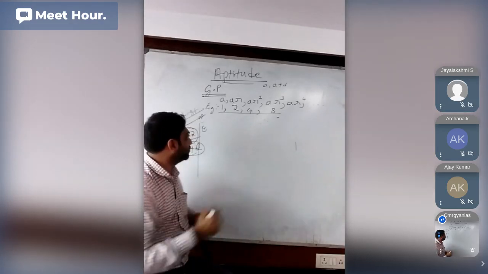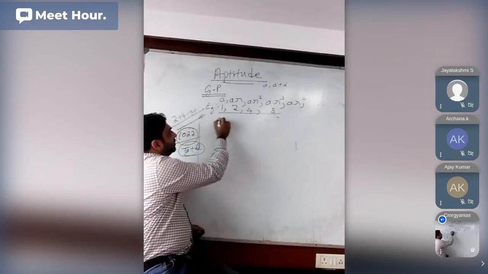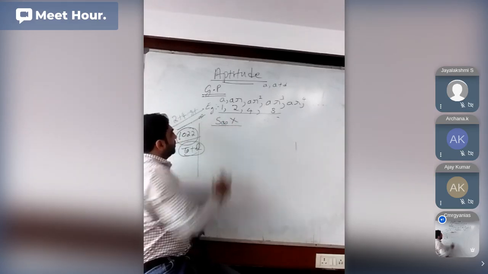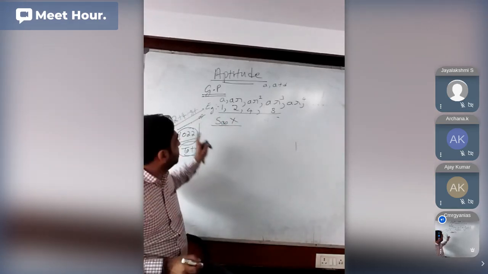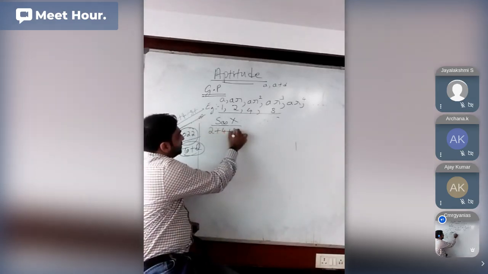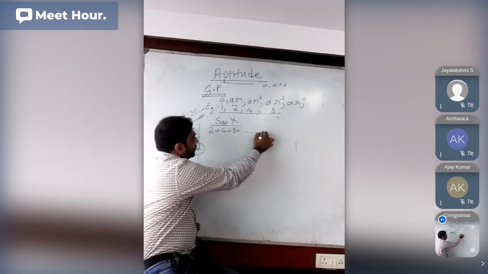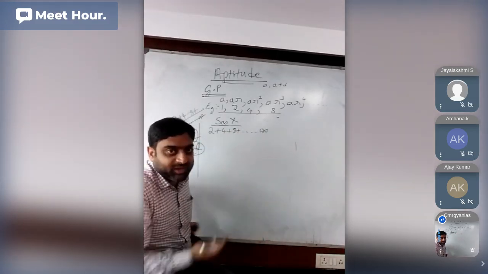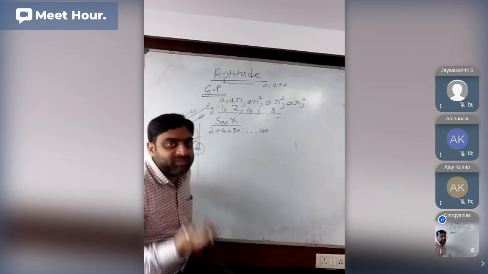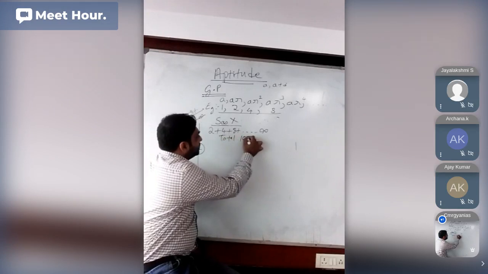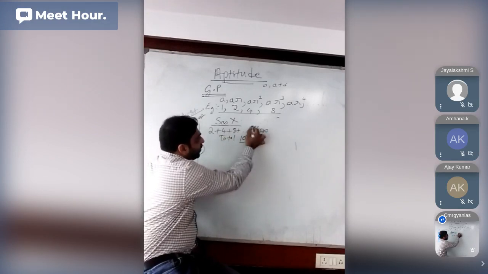We should not use the formula S of infinity. No. He is telling the series is 2 plus 4 plus 8 plus it goes on up to infinity, is telling. But next, what he is telling, how many terms are required to make the total 1022? That means somewhere here it is going to end.